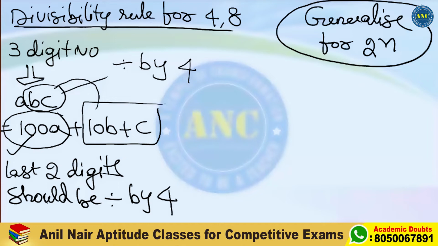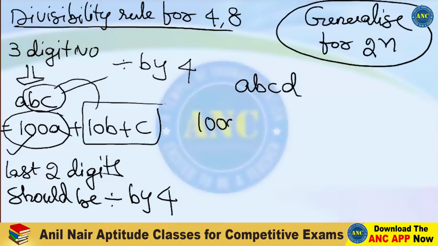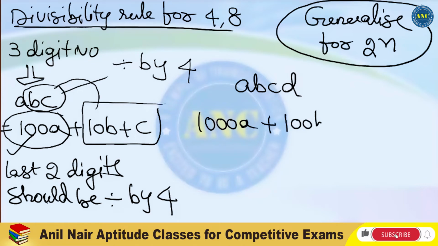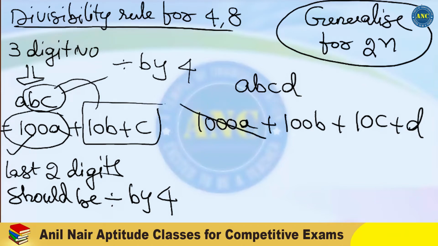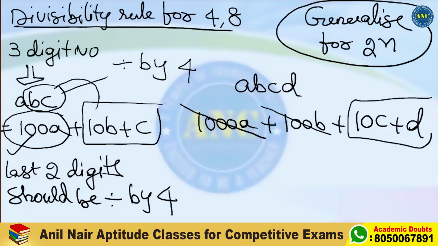Is it valid for a 4-digit number? A, B, C, D. D is in the units place, C is in the tens place, B is in the hundreds place, A is in the thousands place. So 1000A plus 100B plus 10C plus D. 1000A is 4 into 250, 100B is 4 into 25, and 10C plus D is again nothing but the last two digits.